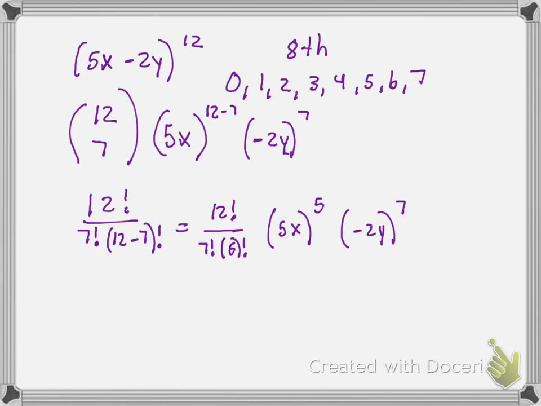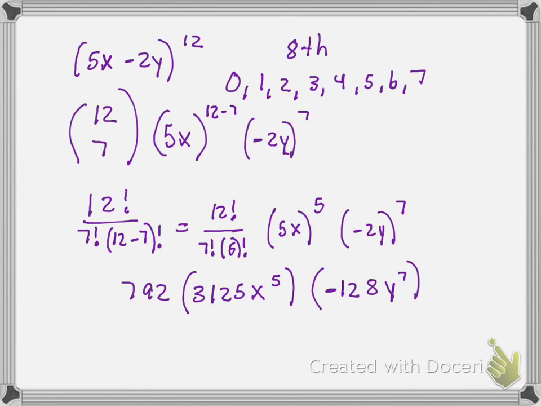So when we simplify that, I'm just going to put it on my calculator. We get 792 times 3,125x to the 5th times negative 128y to the 7th.